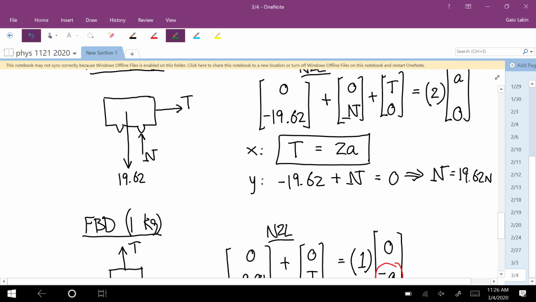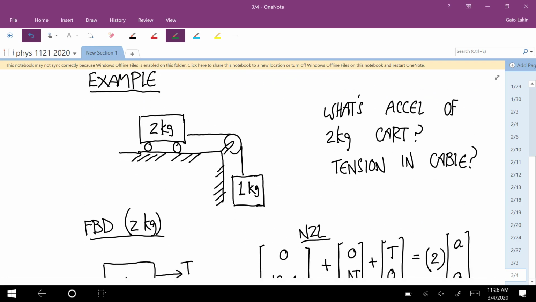Which you can see if this was just hanging at rest, the tension in that cable would be the weight of the thing that's hanging. But since it's accelerating at something less than that, the weight of this is 9.81. That cable tension is only 6.54 because of that acceleration.